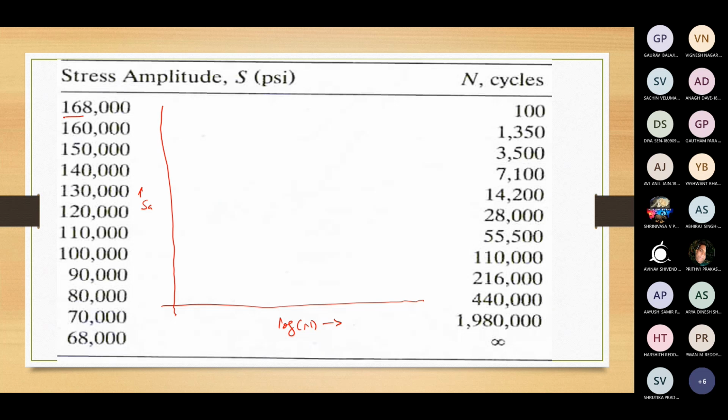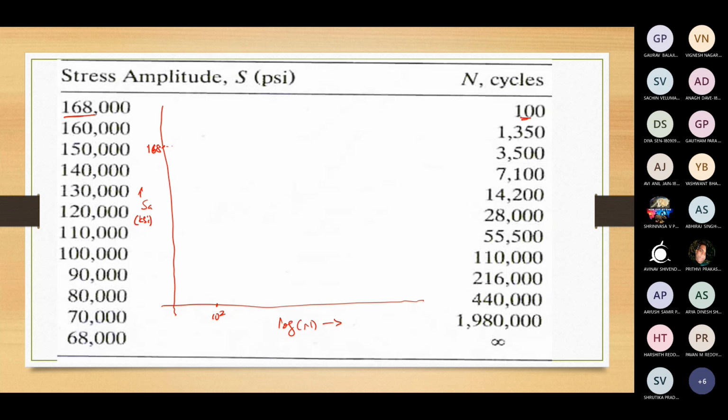So if you operate at 168 KSI, if I write the unit in KSI, given is PSI, pound per square inch, we can write kilo pound per square inch. To get 10 to the power 2 cycles, so you can see there 100. What is the stress level you can operate? We can operate at 168, for example.